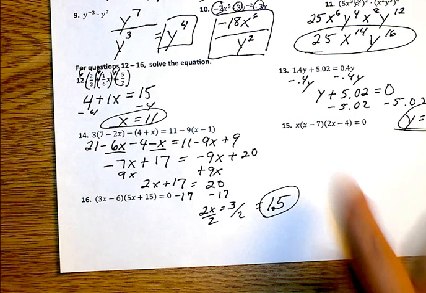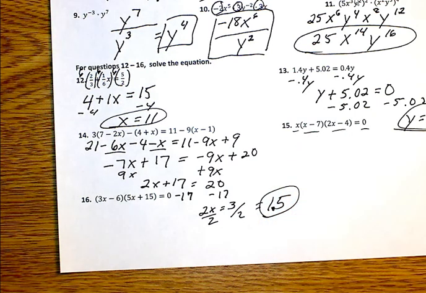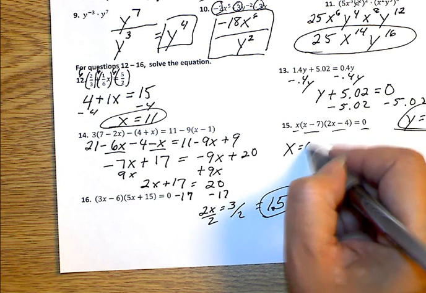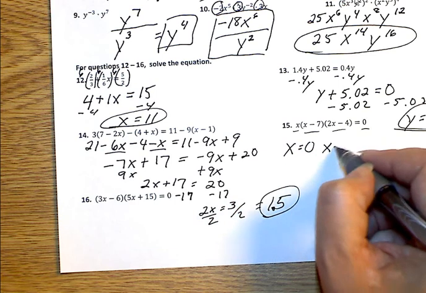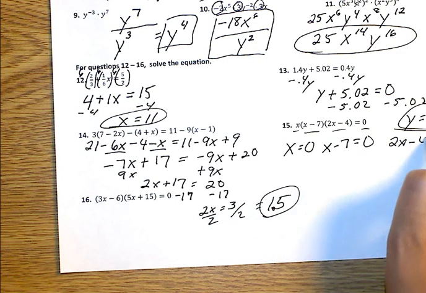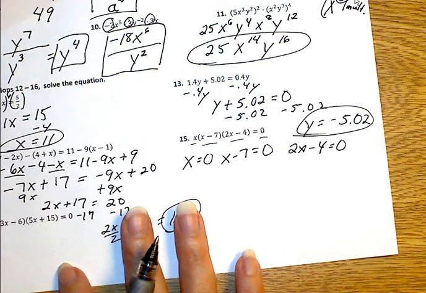What do you have to do if something is factored like this and it's set equal to 0? What do we have to do to each thing? You have to set them all to 0. So it's going to be x equals 0, x minus 7 is equal to 0, and 2x minus 4 is equal to 0. Then you solve them out. So the first one solved out for you.